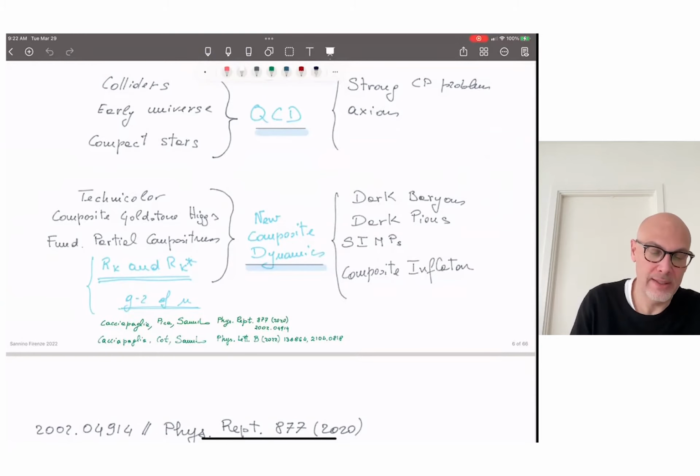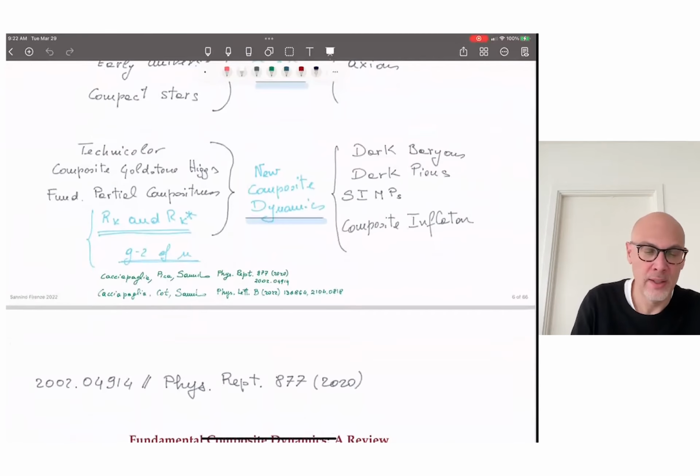On the bright side, the new composite dynamics, well, I cannot avoid talking about Technicolor because it's probably one of the most elegant solutions to the naturality problem, and the most minimal too, that one could have thought of for extending the standard model and making the standard model Higgs sector natural.